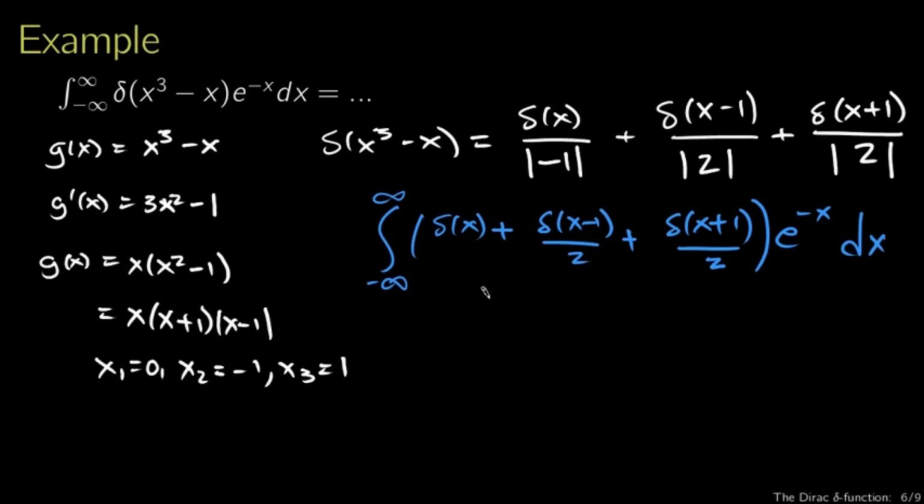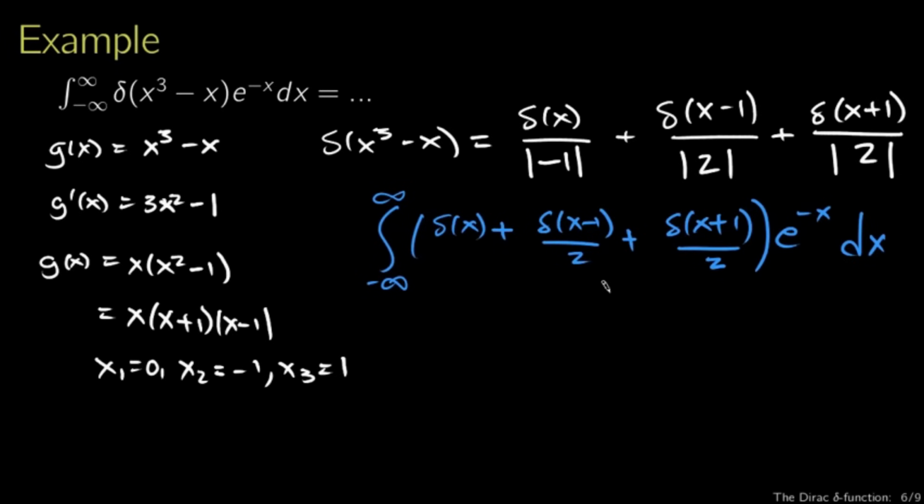Which means what you get when you do this integral is just the value of e to the minus x at x equals 0, the value of e to the minus x at x equals 1, the value of e to the minus x at x equals minus 1, with these appropriate normalization constants multiplied in.